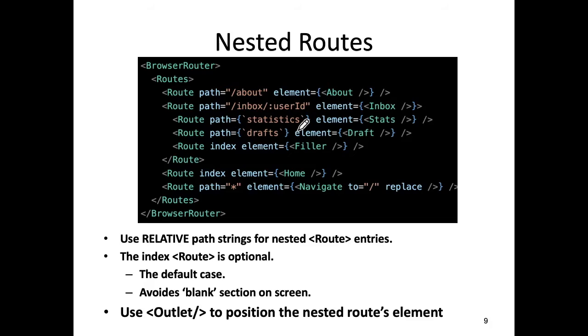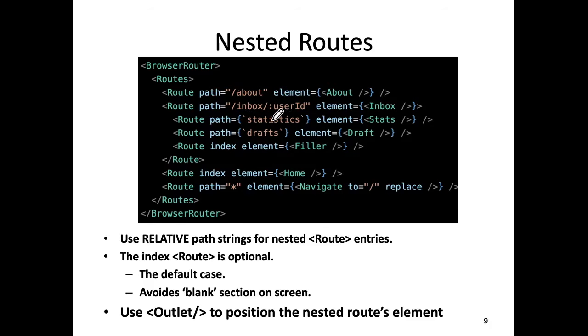This is the drafts option. This option here is when neither statistics or drafts is at the end of the URL. In other words, it's just /user/user ID/nothing. If that's the case, then mount the filler component as a child of inbox.